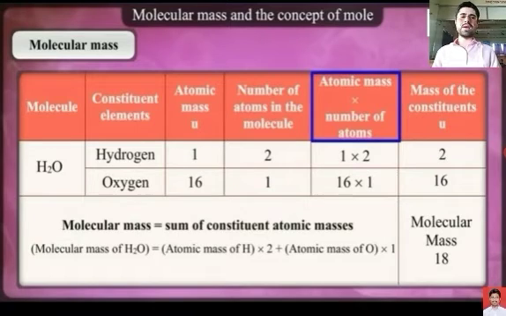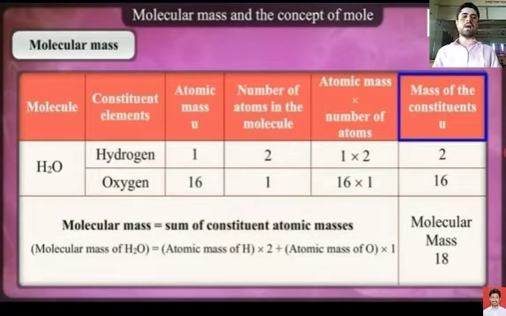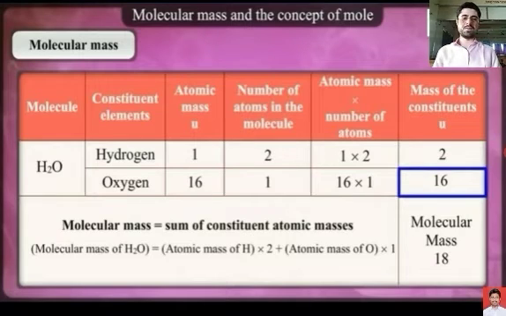If we calculate the atomic mass with respect to these atoms, then for hydrogen, the total atomic mass will be 1 into 2, and for oxygen, the atomic mass will be 16 into 1, because there is only one atom of oxygen in H2O. So, in this way, the mass of the constituents individually, that is for hydrogen, will be 2, and for oxygen, will be 16.